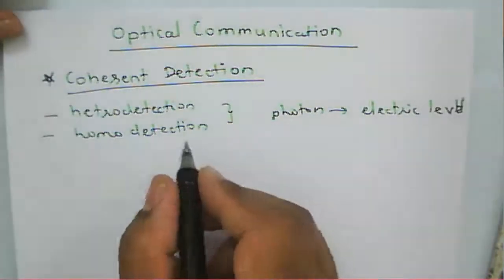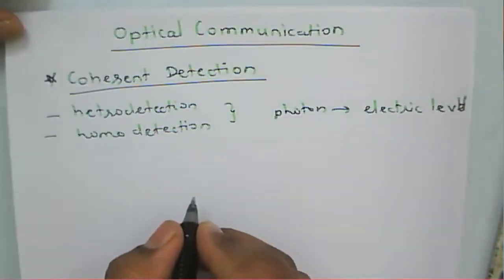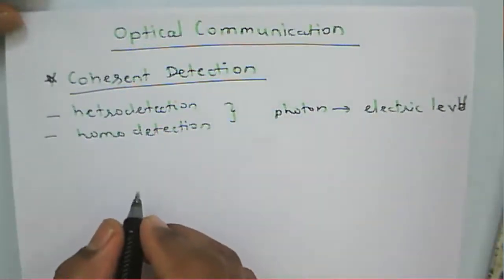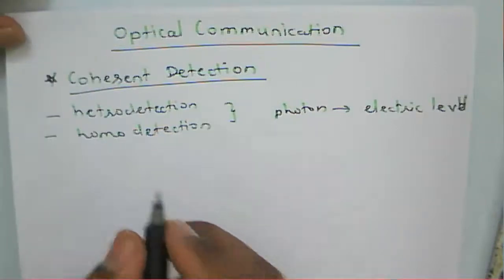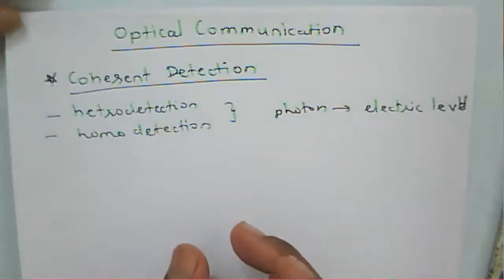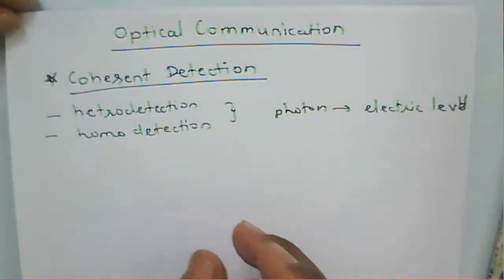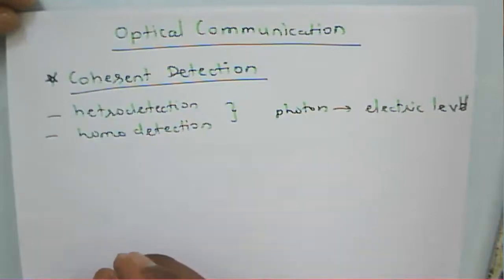So we can say that an optical signal will be converted into an electrical signal here. That's why the modulation technique used in optical communication is intensity modulation with direct detection.